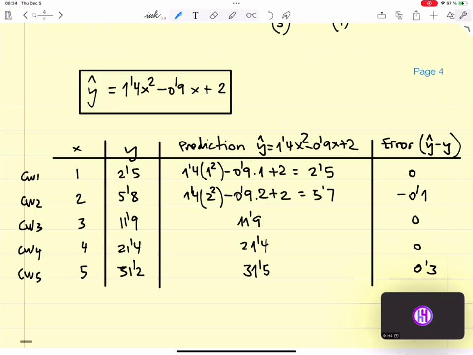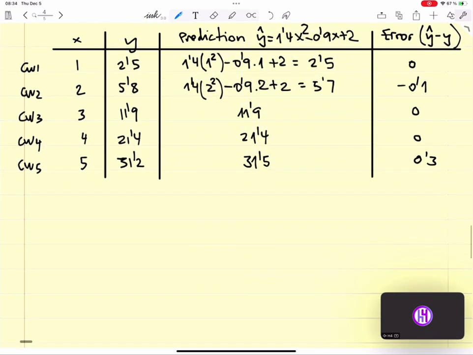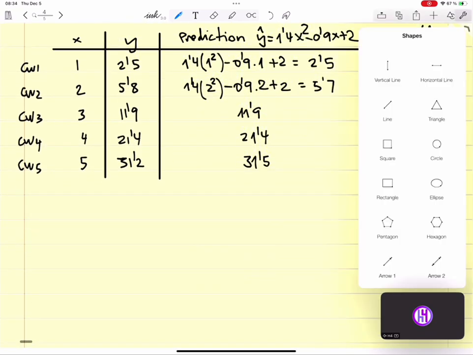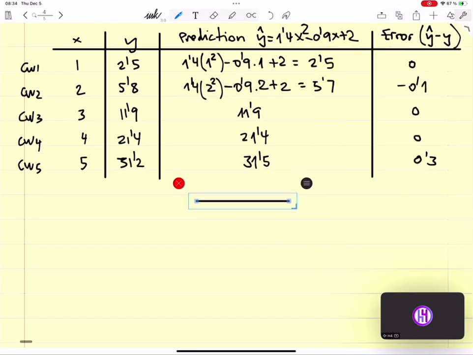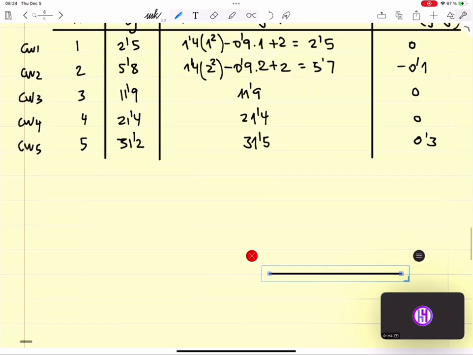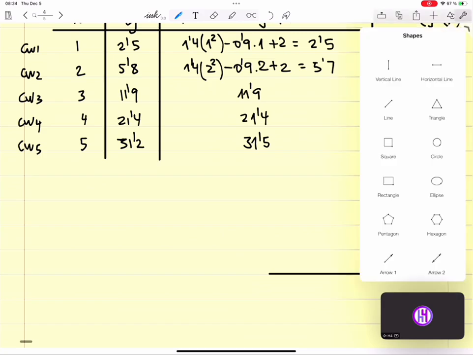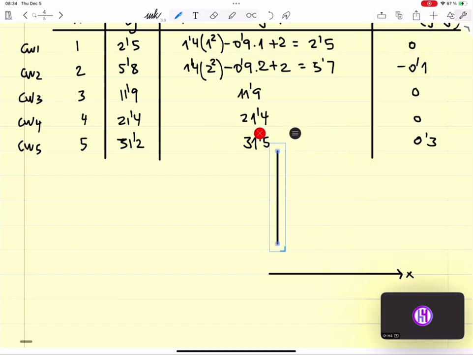So basically, what we have, if we plot our data, this is X, this is Y. So 1, 2, 3, 4, 5, and then 10, 20, 30.